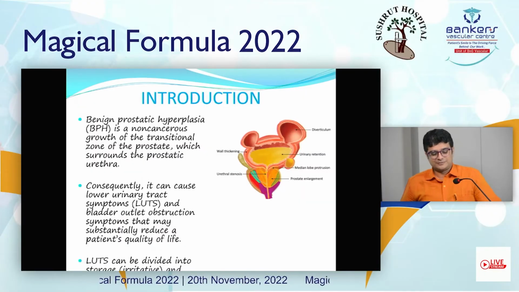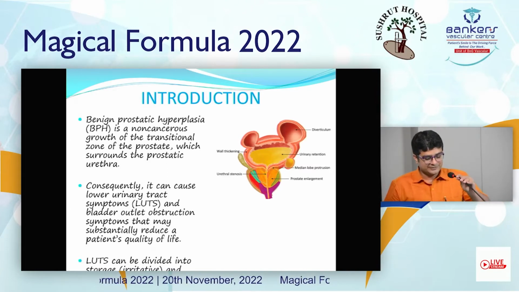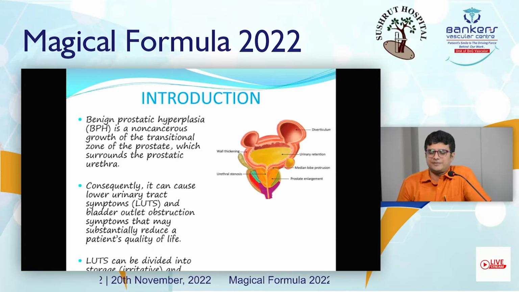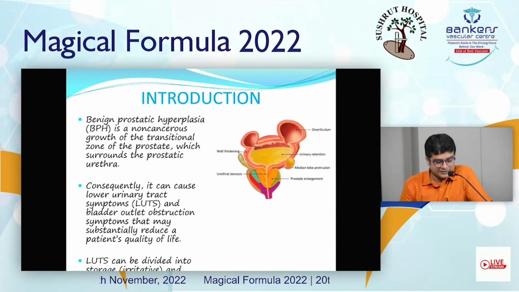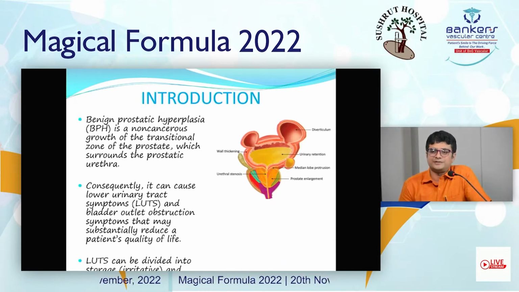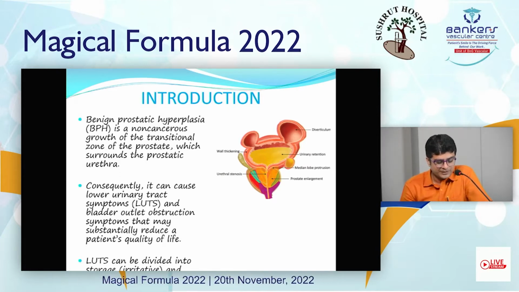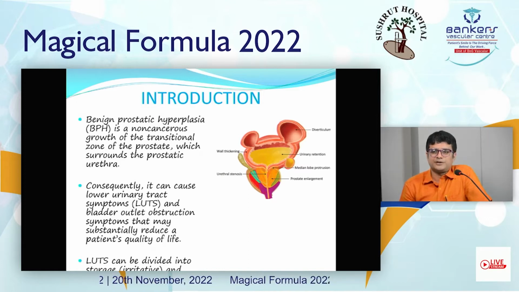So, the prostate is a vestigial organ. And what is benign prostatic hyperplasia? Above 50 years, every male has a mild or minimal degree of prostatomegaly. So benign prostatic hyperplasia is a non-cancerous growth of the transitional zone of the prostate, which surrounds the prostatic urethra.